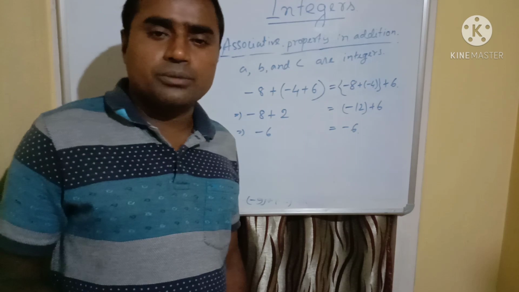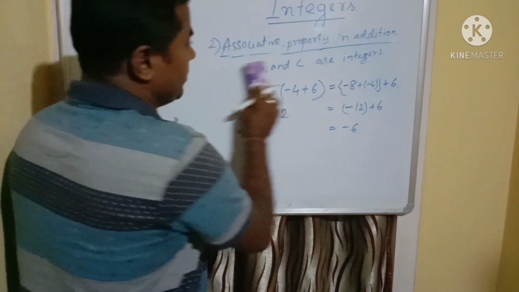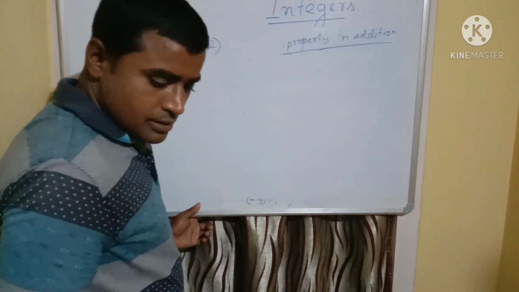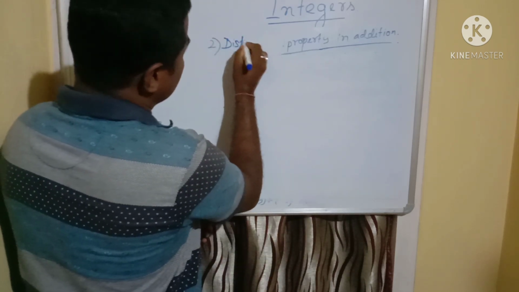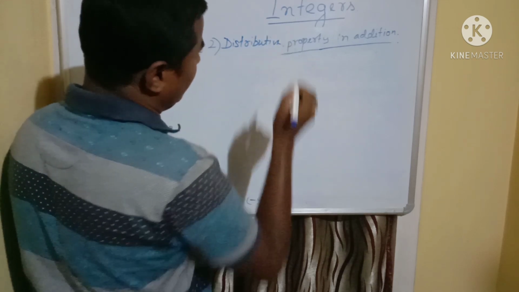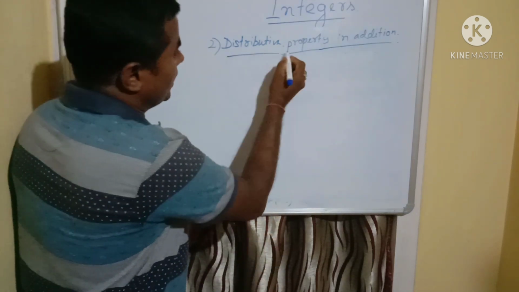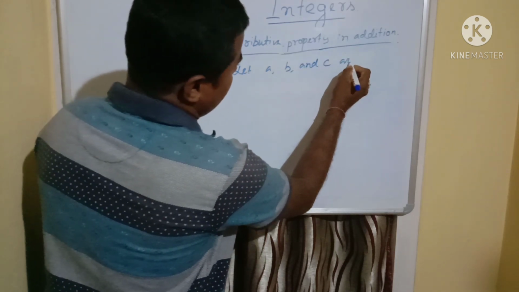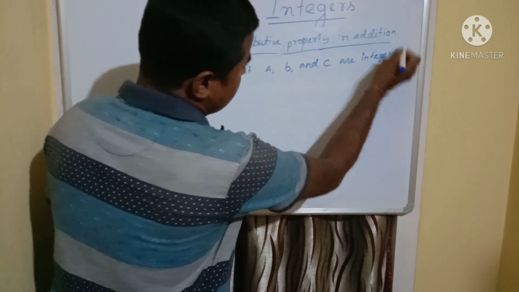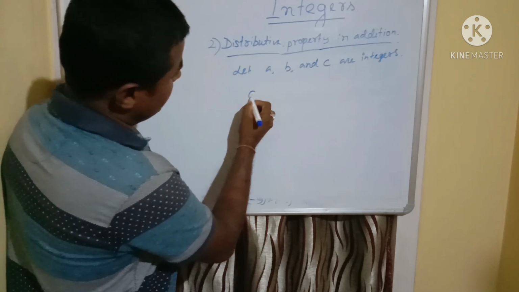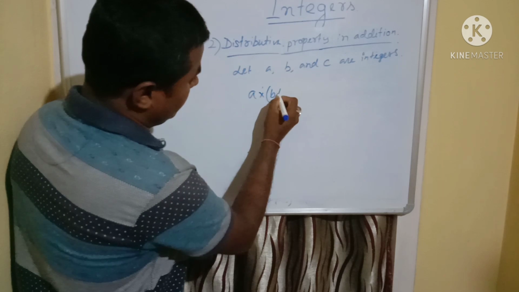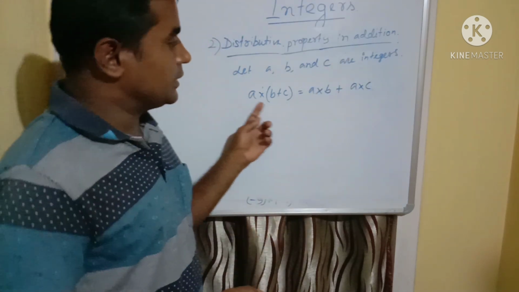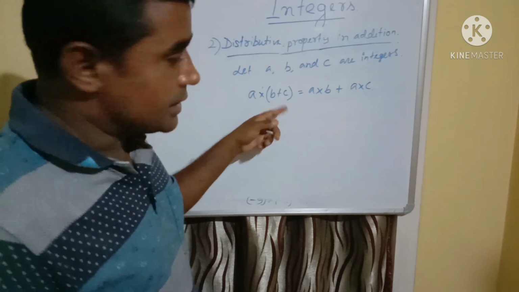Similarly, we check whether integers are closed under the distributive property or not. The distributive property in addition: let A, B and C be integers, then A into (B plus C) equals A into B plus A into C. This is the distributive property under addition.